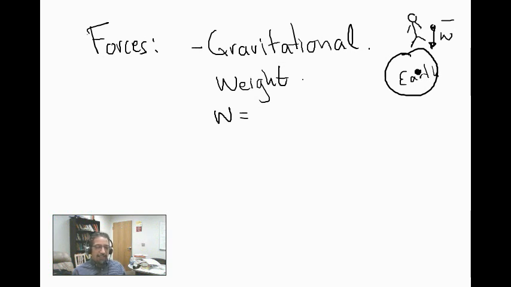This weight is a strange thing because this is the second appearance of mass in our equations, in our laws, but the weight is also proportional to the mass and is mass times the free fall acceleration. That's one type of force.